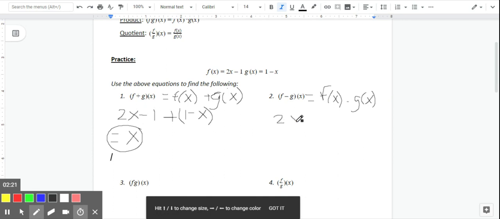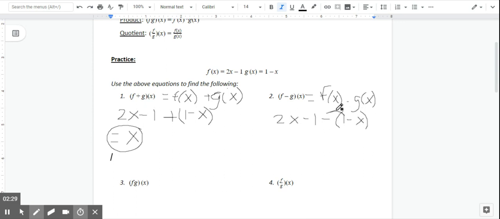Keep in mind, g of x should be in parentheses because we want to distribute that negative to everything. So first step, distribute the negative. 2x minus 1 plus x would be what we get from that. And now we can combine like terms. So 2x plus x gives me 3x, and minus 1 gives me minus 2. And this would be our final answer for f minus g of x.